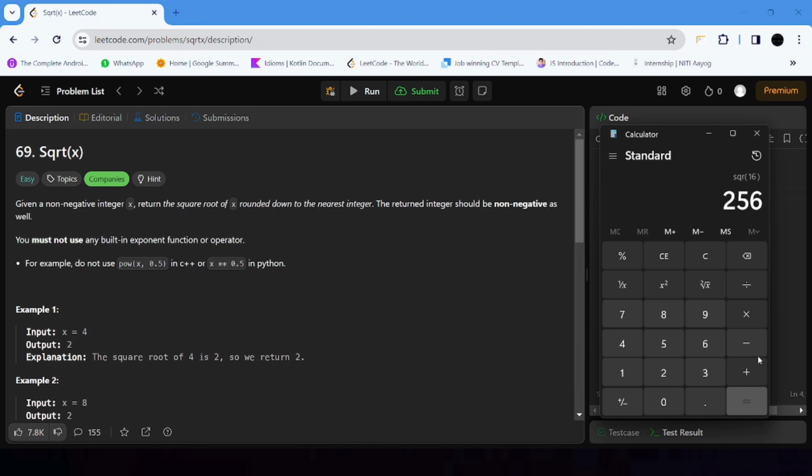If we subtract 232 from 256, we get 24. And if we subtract 225 from 232, we get 7. Here our value 7 is closest, so 225 is closest to our 232. Therefore, we'll be returning 15 as the output for our input 232.